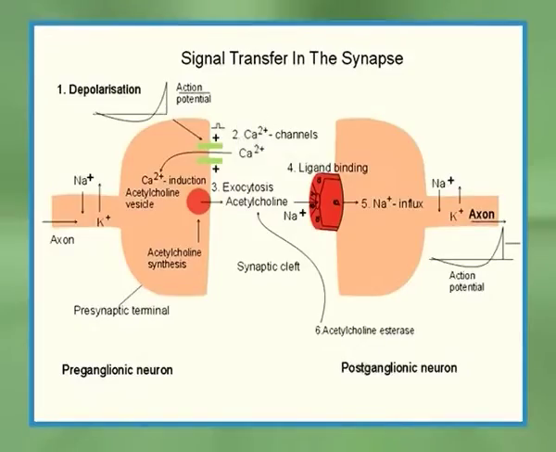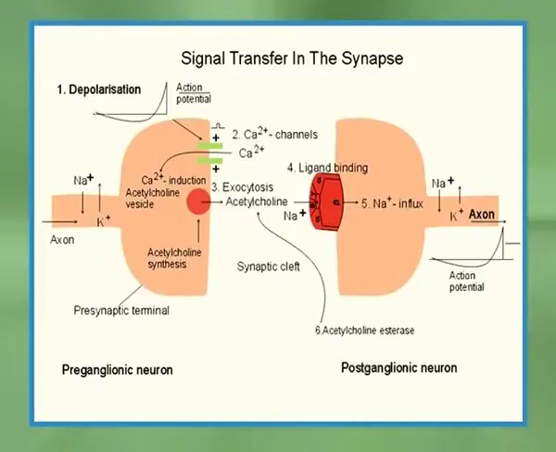When an action potential reaches the terminal button of a presynaptic neuron, a voltage-gated calcium channel is opened. The influx of calcium ions, Ca2+, stimulates the exocytosis of presynaptic vesicles containing ACh, which is thereby released into the synaptic cleft. Once released, acetylcholine must be removed rapidly in order to allow repolarization to take place.